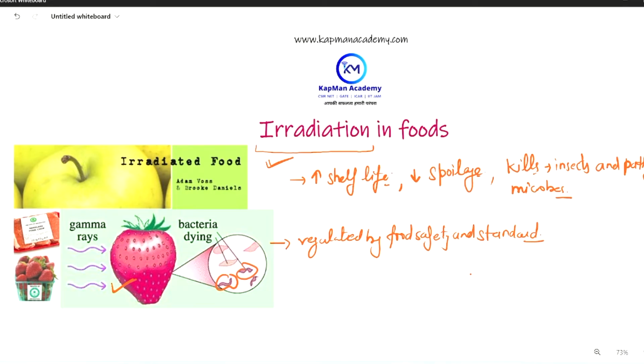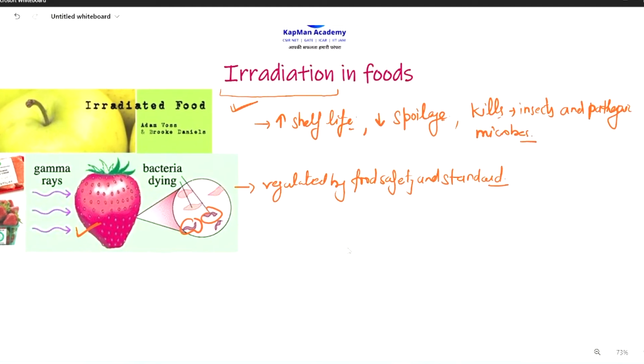Therefore, there are very optimized and standardized doses which are given to the food products. The important thing about irradiation is that it does not compromise the nutritional value of food products.